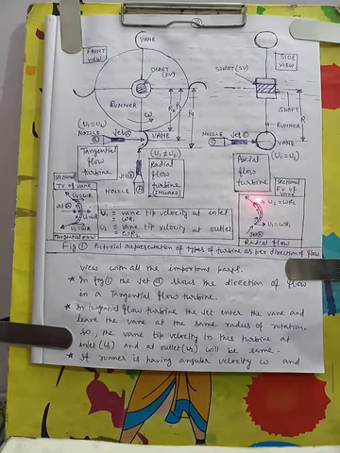So the jet actually impacts in the tangential direction of this curve. This turbine is called a radial flow turbine if the jet is impacting in the radial direction of the runner.